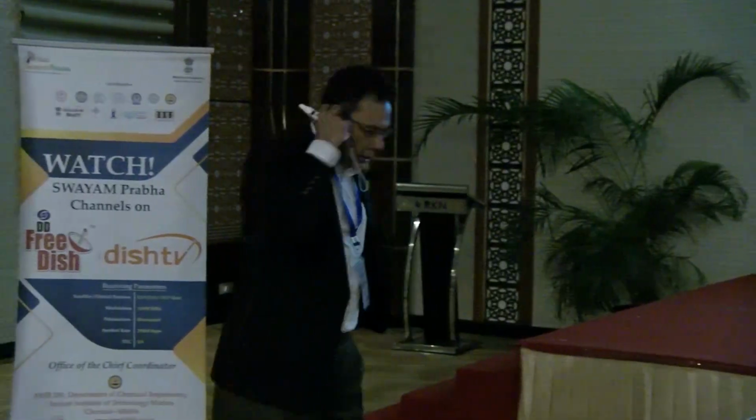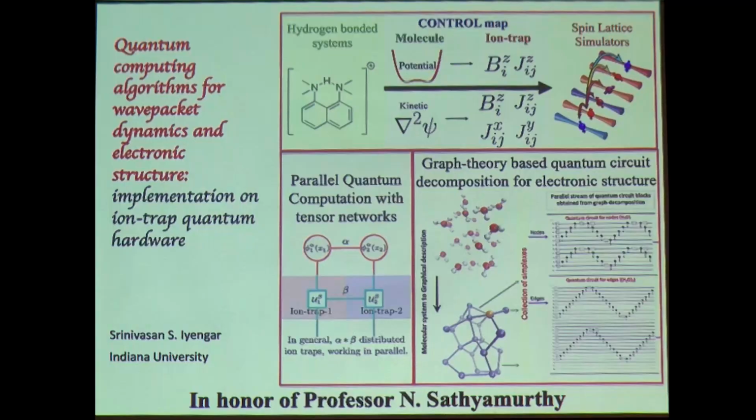So my own work is in the area of quantum dynamics and quantum computing. The idea is, can we use quantum computers to do quantum dynamics, hopefully someday in large enough systems. I will show you two methods that we have developed for quantum dynamics.